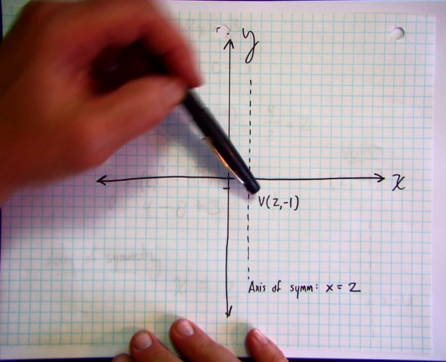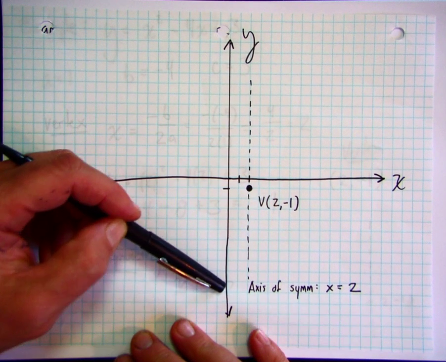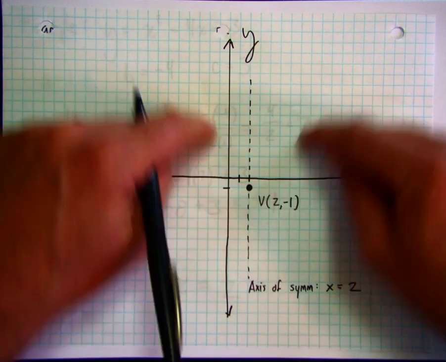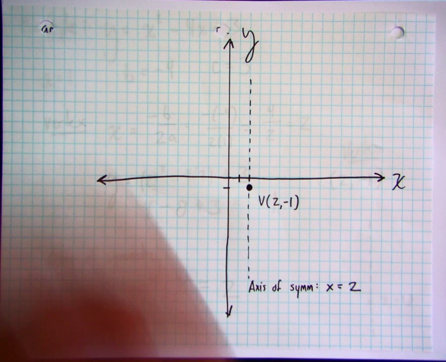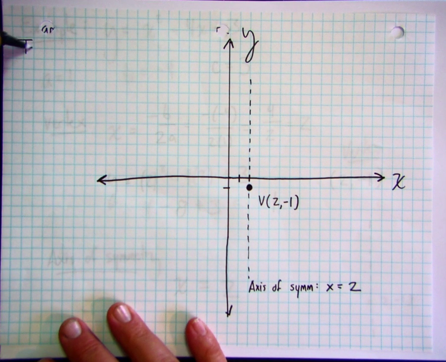So now your parabola is going to either go like this or like that. We can tell because a is positive, it's going to open up, like this. The only thing we don't know is how wide it is. The way we figure that out is we do a table of values.